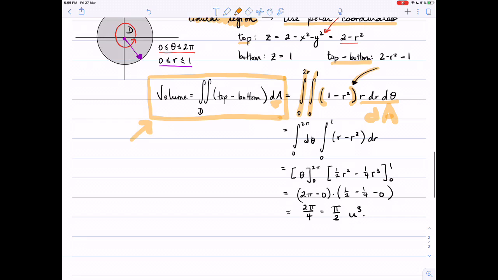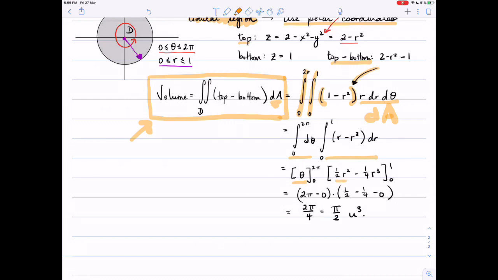This is a nice integral that does not mix the r and the theta, so we can pull out the theta in the first integral, 0 to 2 pi of d theta. We can multiply in the r and get an integral from 0 to 1 of r minus r cubed dr. Fundamental theorem on both of them. So the antiderivative of d theta is just theta.